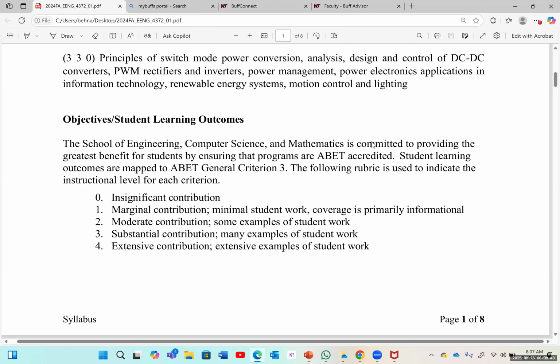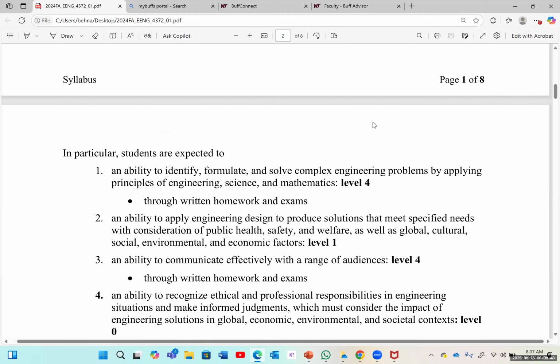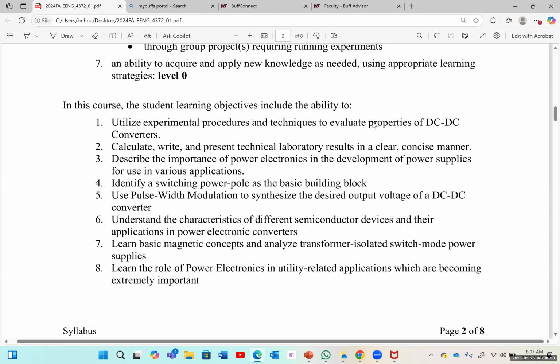These are the objectives and learning outcomes according to ABET. I think you already have them in your syllabus, so please go through them. The learning objective for this class is that at the end of the class, you'll be able to utilize technologies to simulate DC to DC converters, which is an important part of this.